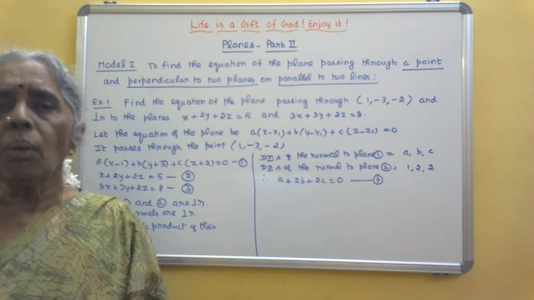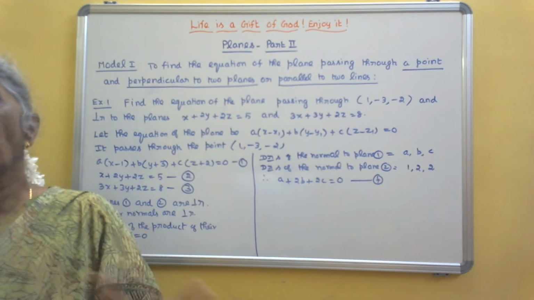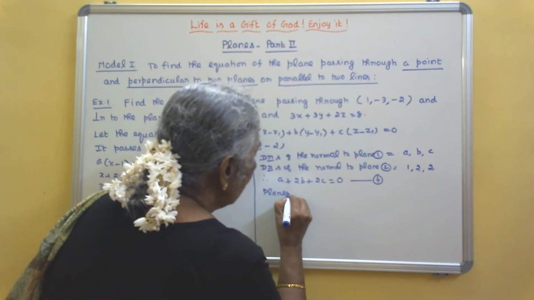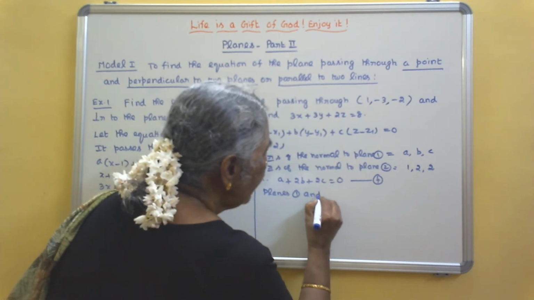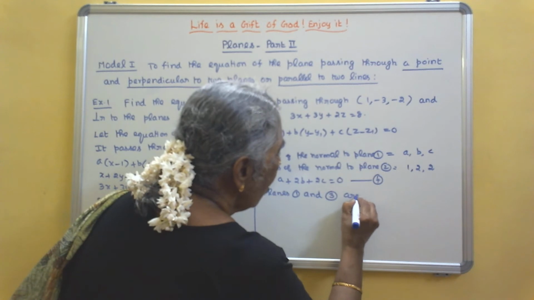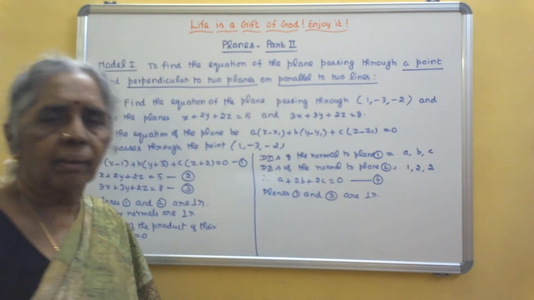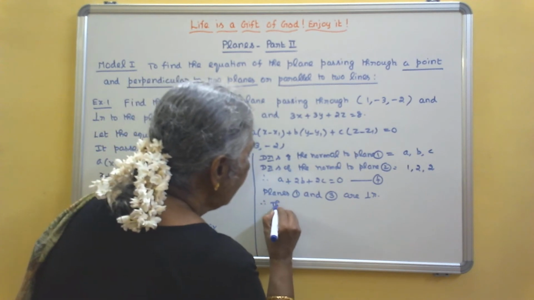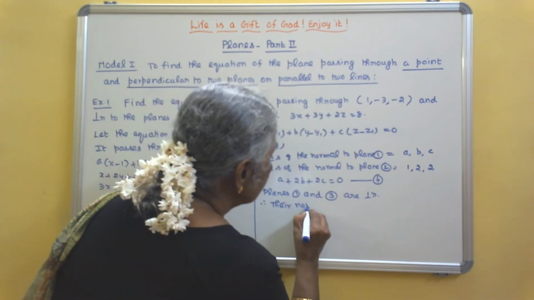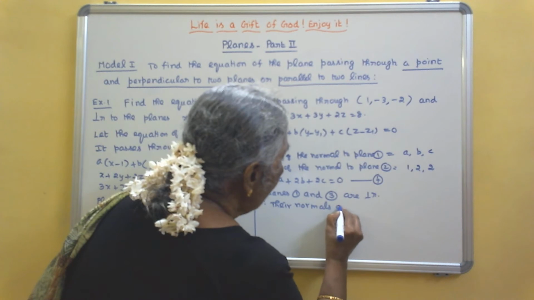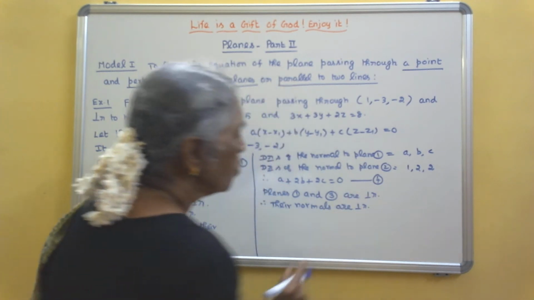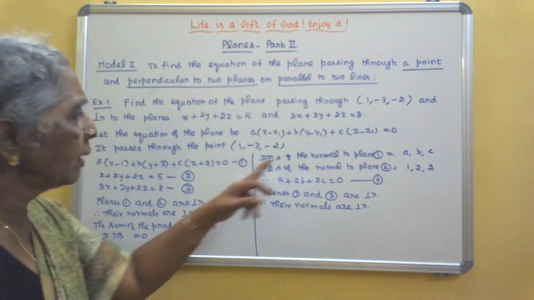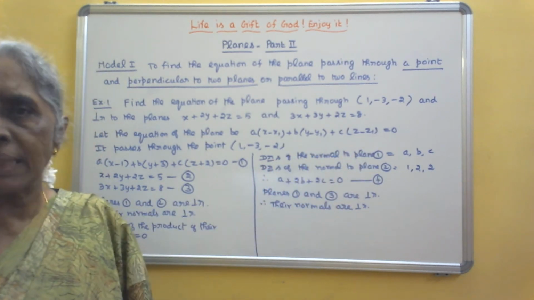Similarly, you know, planes 1 and 3 are perpendicular. Therefore, their normals are perpendicular. Let us use the same fact. DRs of the normal to plane 1, a, b, c, we know.